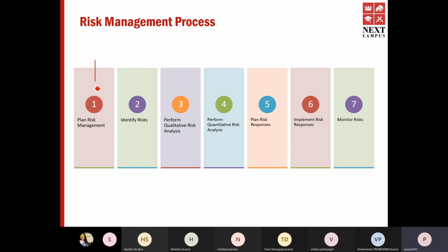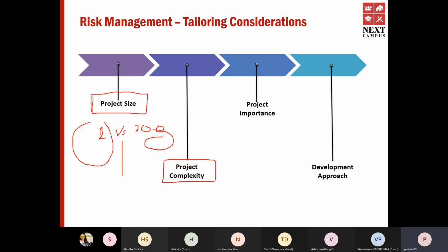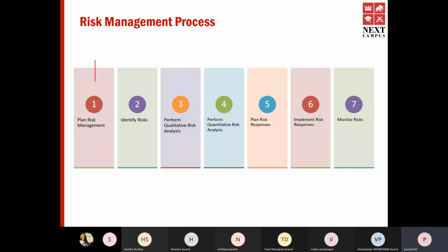In the plan, you would consider these tailoring criteria. You would have a plan to manage your risks. You would say, okay, financially, if the impact is beyond $10,000, I would consider it as a risk. Anything less would not qualify as a risk.